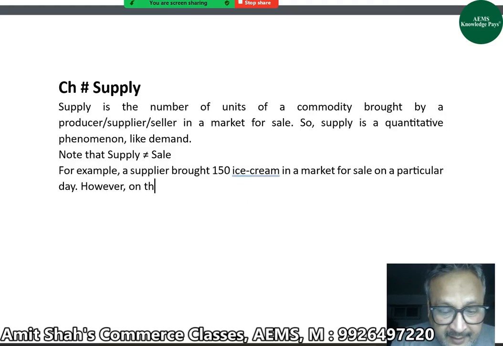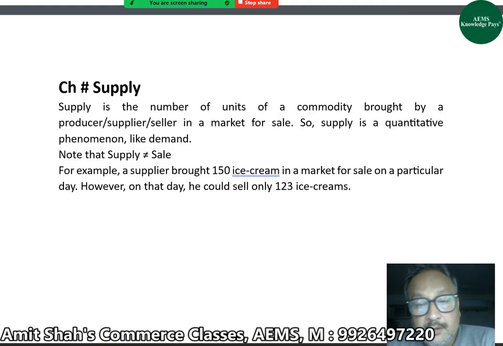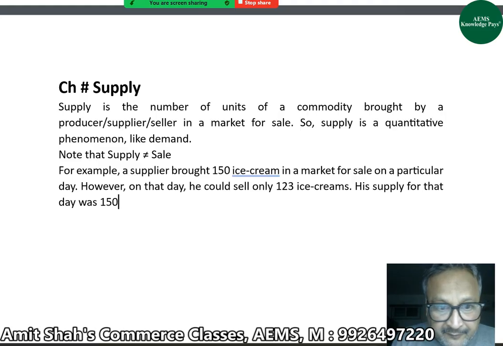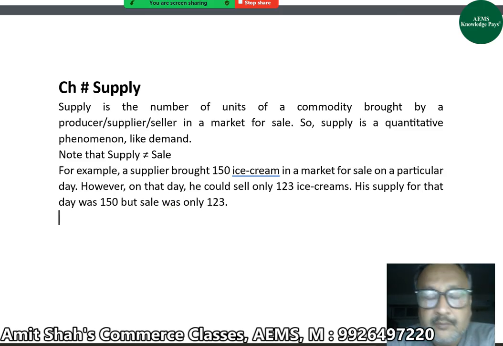However, on that day, he could sell only 123 ice creams. So his supply for that day was 150, but sale was only 123. Am I clear? Yes. Good.